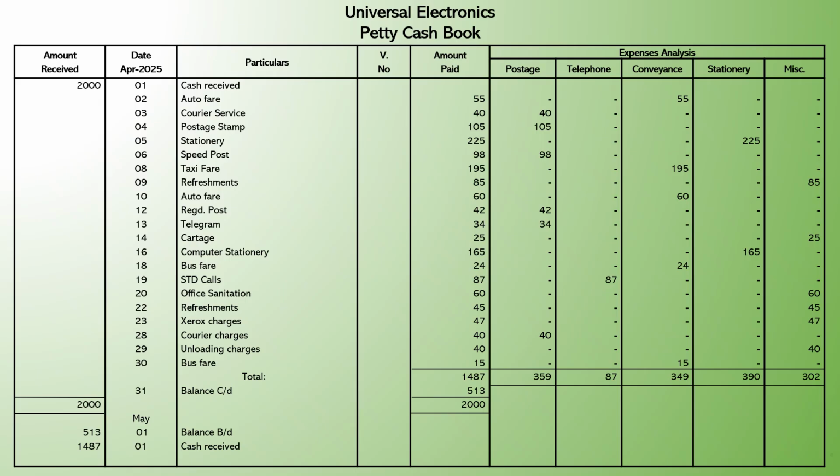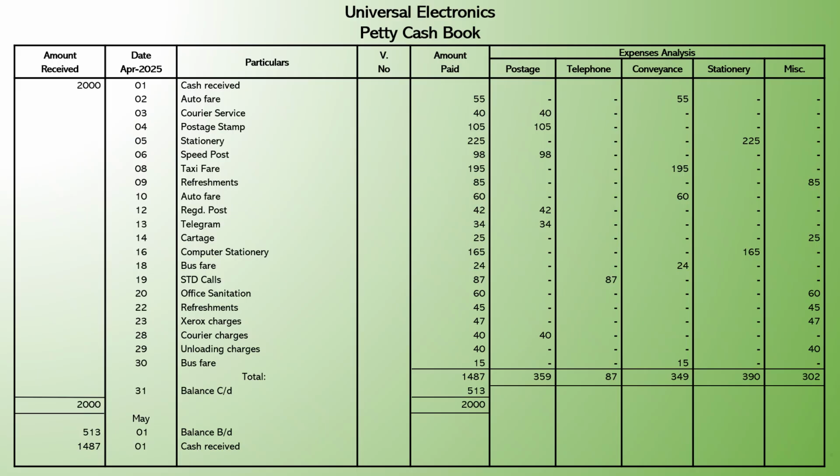April 20, office sanitation ₹60, enter as payment and also under miscellaneous. April 22, refreshment ₹45, enter as payment and also under miscellaneous. April 23, Xerox charges ₹47, enter as payment and also under stationery.